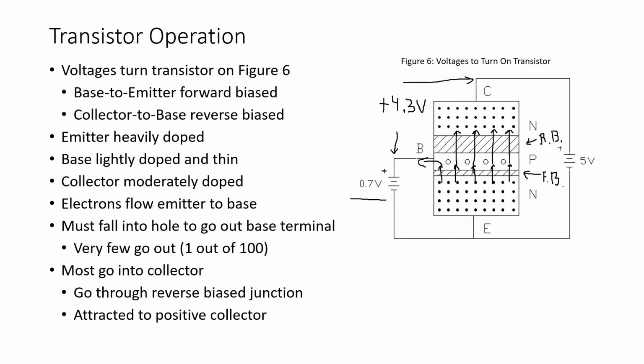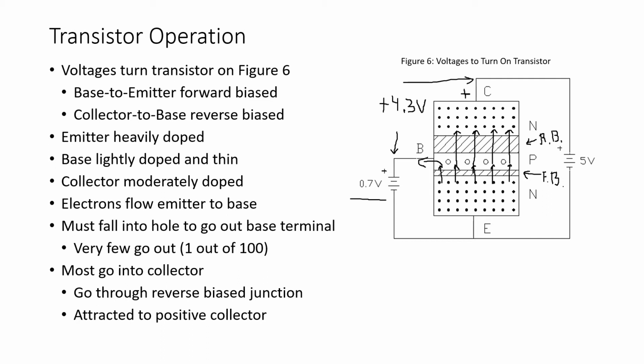Now, when we talked about diodes, you were told that electrons just don't flow through a reverse bias junction. However, with the transistor's operation, this is a little bit different because these electrons are attracted to the positive potential that exists up here at the collector.